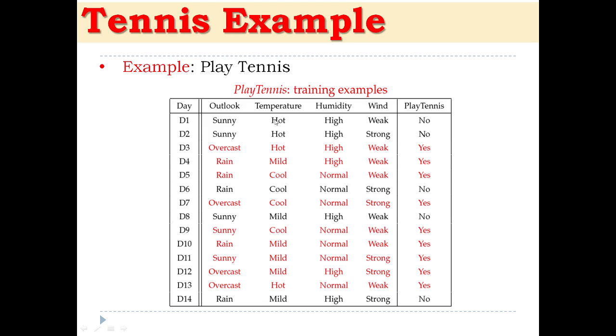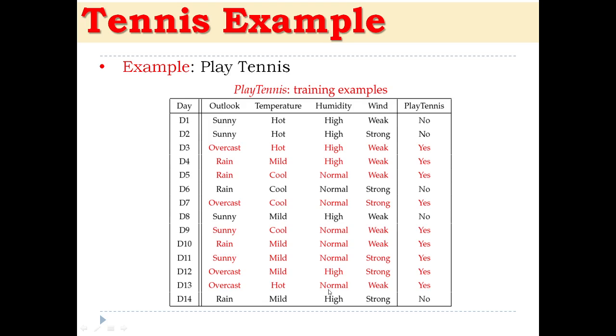So if the outlook is sunny, temperature is hot, humidity is high and wind is weak, we cannot play tennis. This is the data set we are taking.